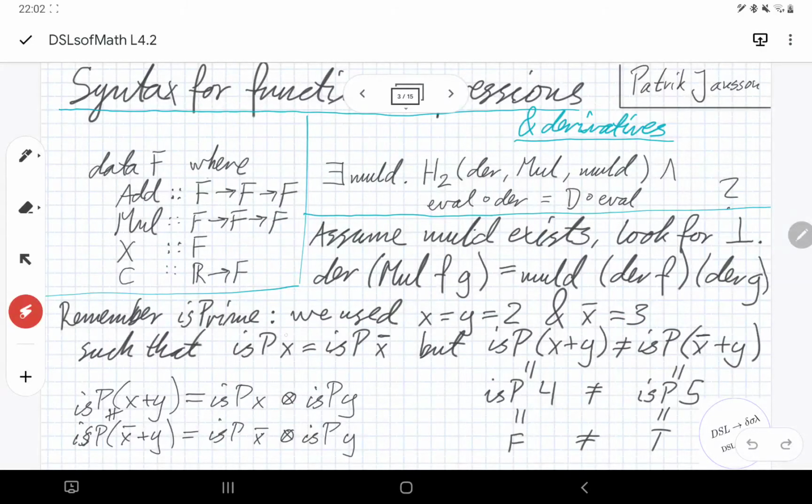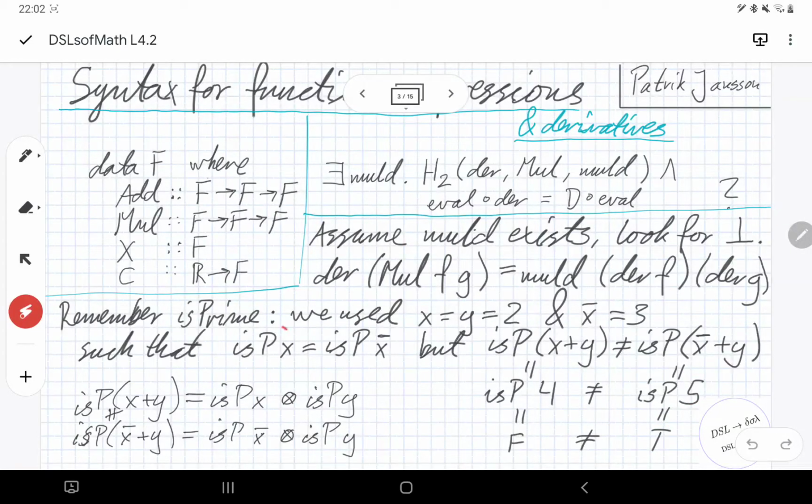We knew that the primeness of x and x bar was the same, but if we add x and y, or add x bar plus y, then we get different primeness. This is 4, so is prime of 4 is false, but is prime of 5 is true.